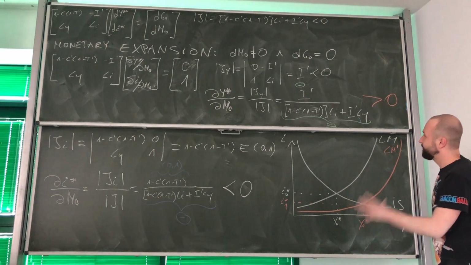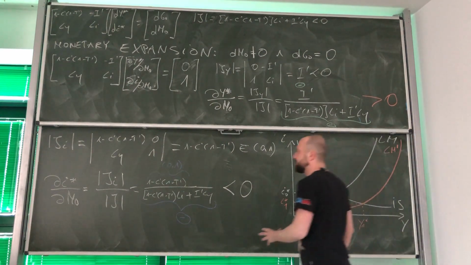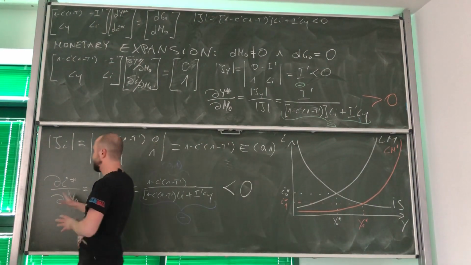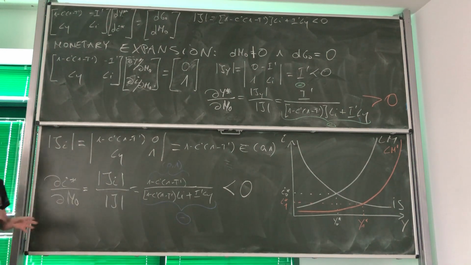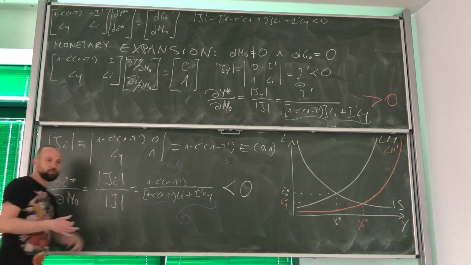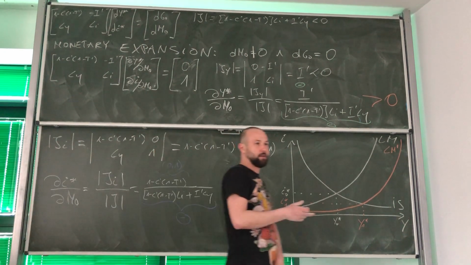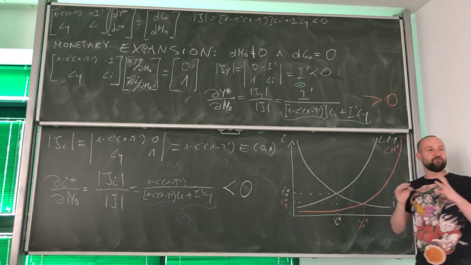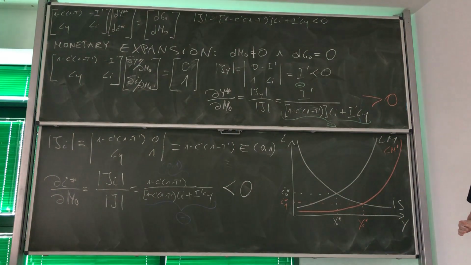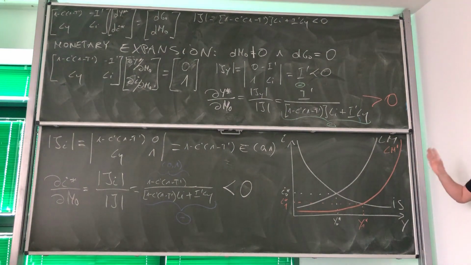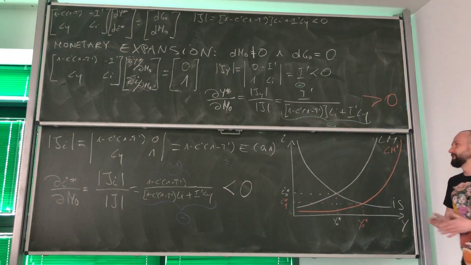Now we will see a different story. We will be able to calculate comparative static derivatives of all three variables, so income, interest rate, and exchange rate. We will be able to get very clear results, and they will be very, very easy to obtain.